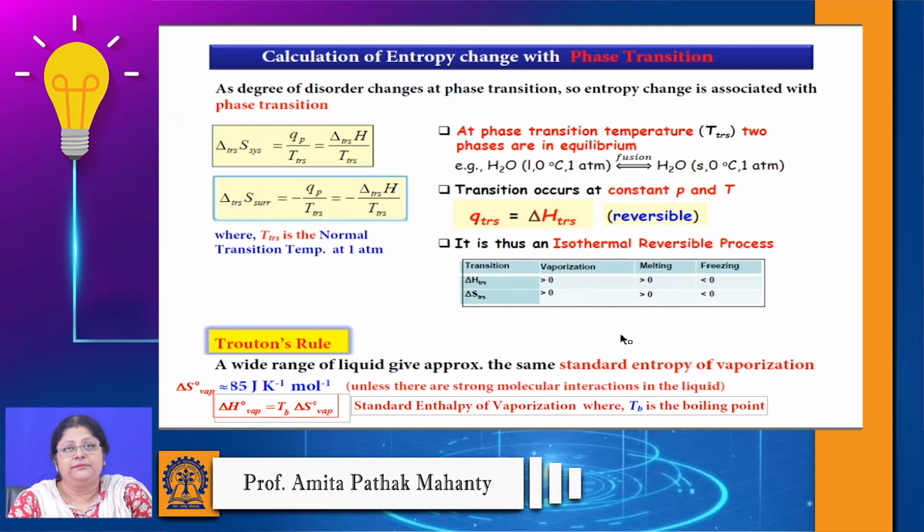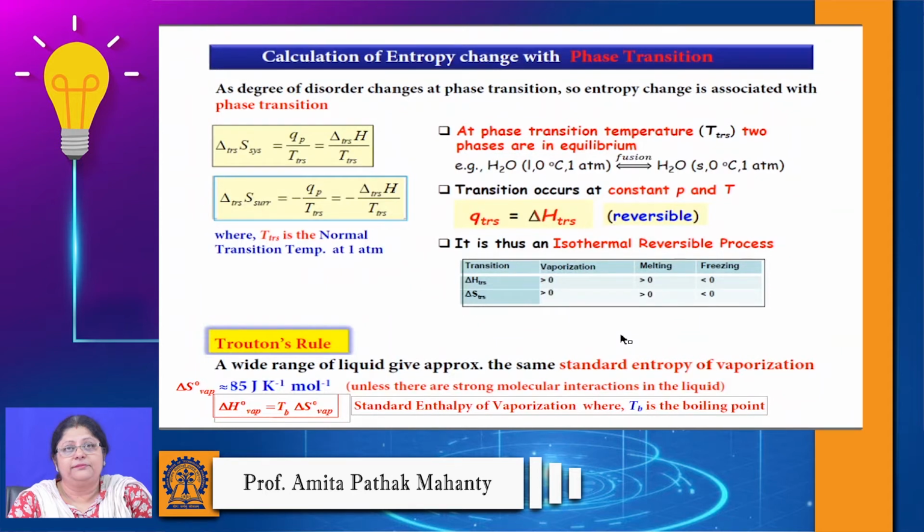At phase transition, we have a constant temperature process, where obviously we are working under atmospheric pressure. The pressure is also constant. The temperature and pressure being constant, what you are talking about is a phase equilibrium. Phase equilibrium means what? It is a reversible thing. At that condition, some amount is getting vaporized and some amount is still getting condensed. So all phase change processes are reversible processes.